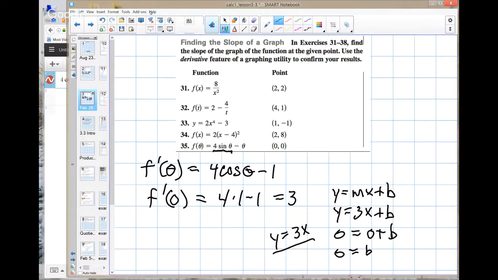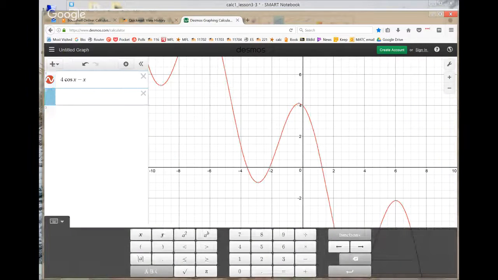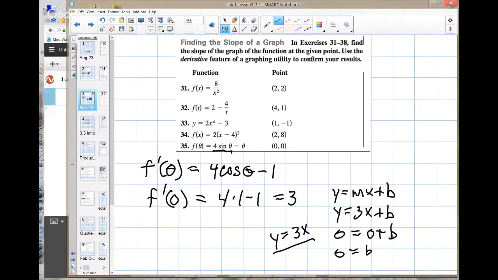And then we took the derivative at 0. Cosine of 0 is 1. 4 times 1 is 4 minus 1 is 3. Oh, I was at the wrong point, wasn't I? Yeah, 0, 0, there is no point. Something is goofed up here. I don't even have 0, 0 being on the graph. They claim 0, 0 is on the graph.